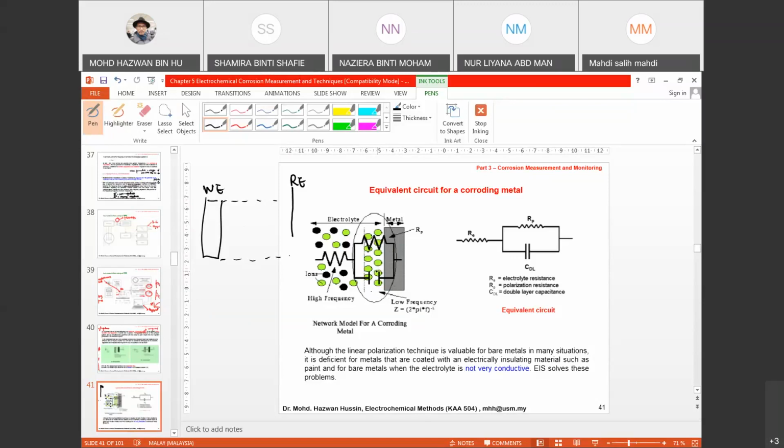If you have a metal, your metal will be oxidized and form positive charge. What happens next? The migration process occurs first, where you have an electrostatic formation.